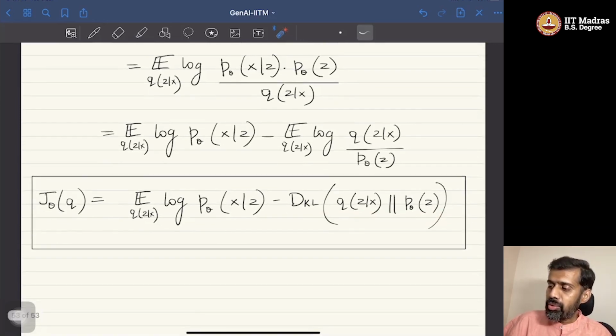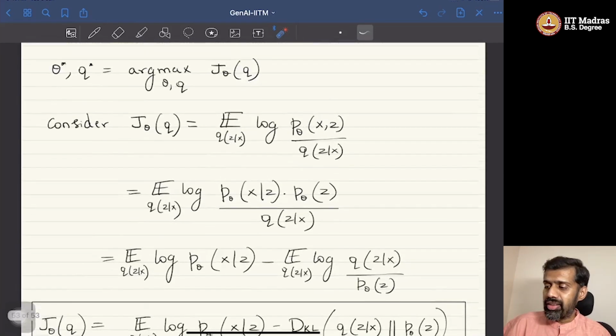It's a good idea to remember this particular form, because it keeps coming up multiple times. This is the so-called loss function for a variational autoencoder or VAE. This is also the loss function for a diffusion model and so on. So it's a nice idea to get your heads around this equation.